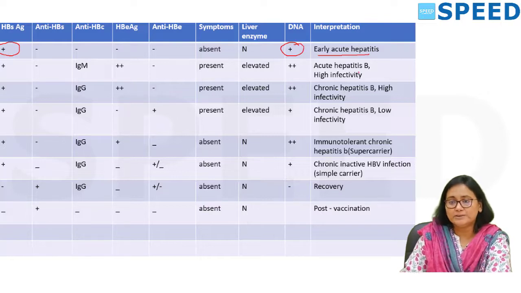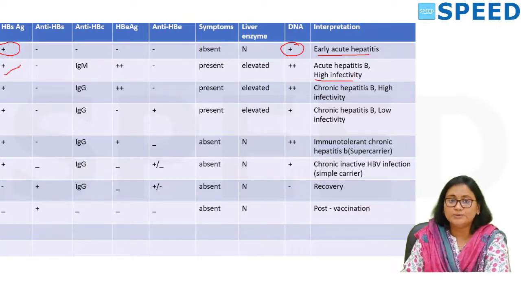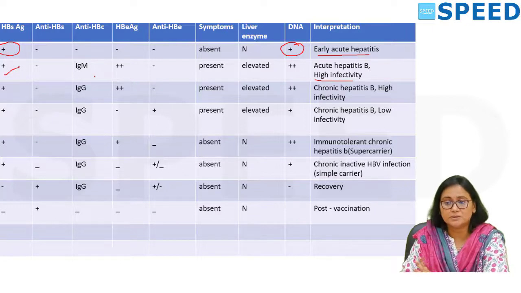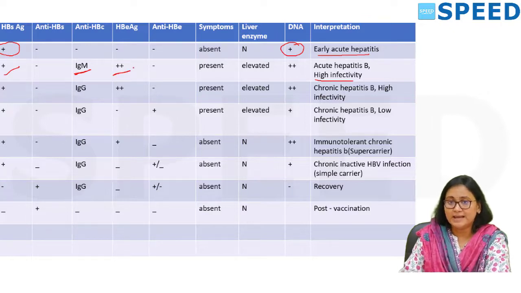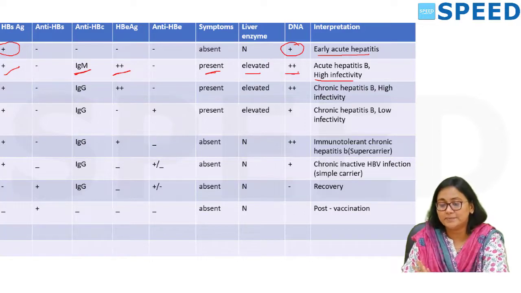If you see acute hepatitis B with high infectivity, surface antigen is going to be there and you will have antibody also, IgM type anti-HBc. Envelope antigen will be there and symptoms will be present, liver enzymes will be elevated and DNA will be there. So, that you see in early acute hepatitis B with high infectivity.